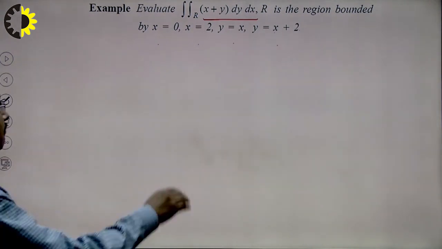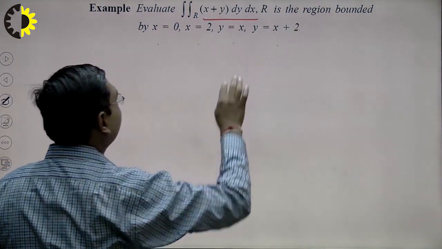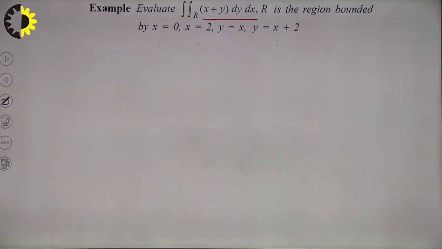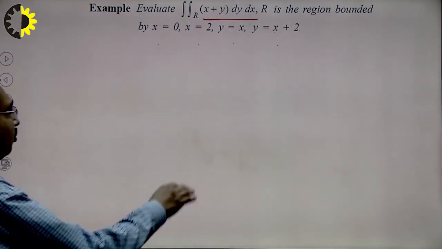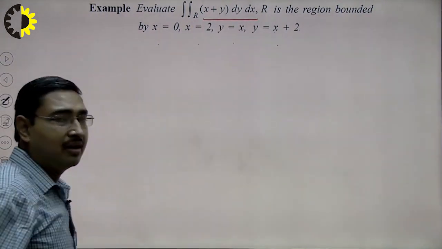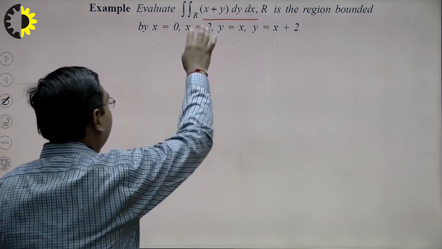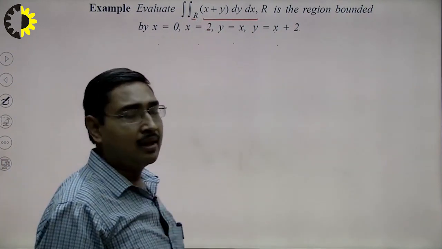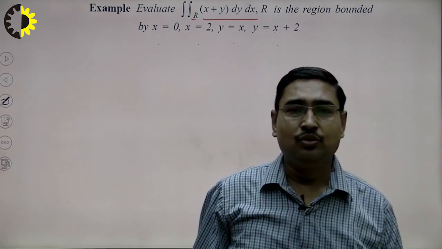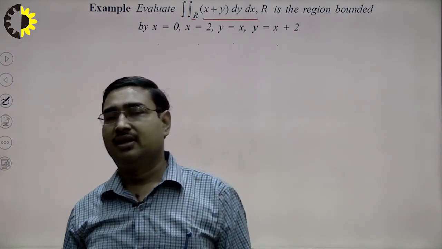The region bounded by these straight lines is our region of integration. To evaluate this integral, we shall first draw the region of integration given by R here. Then this region will be used to find the limits of the double integral.